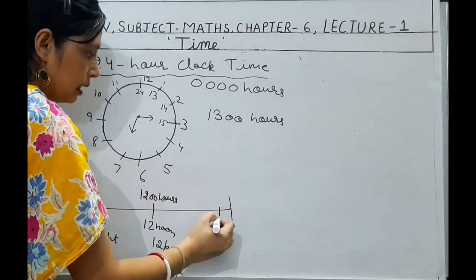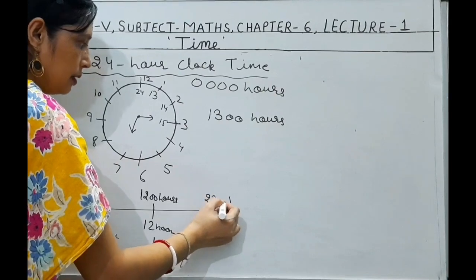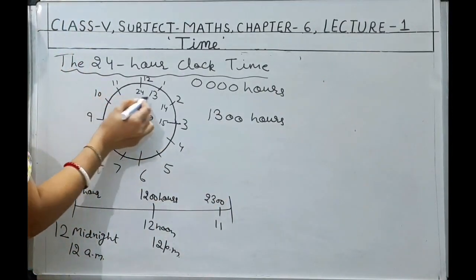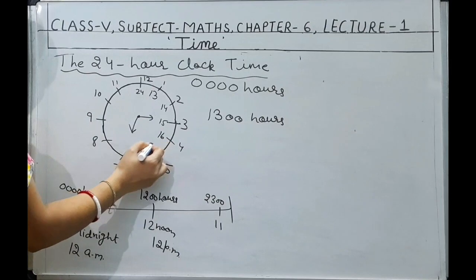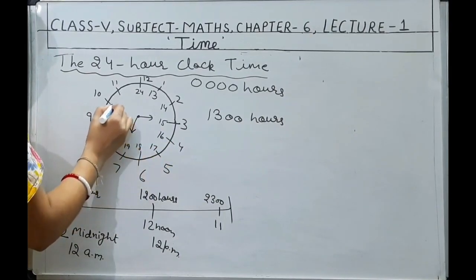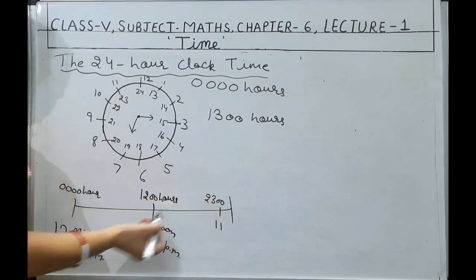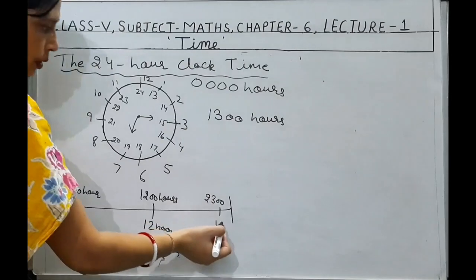And after that here it is 11 p.m. It is 2300 hours. 15, 16, 17, 18, 19, 20, 21, 22, 23, 2300 hours.